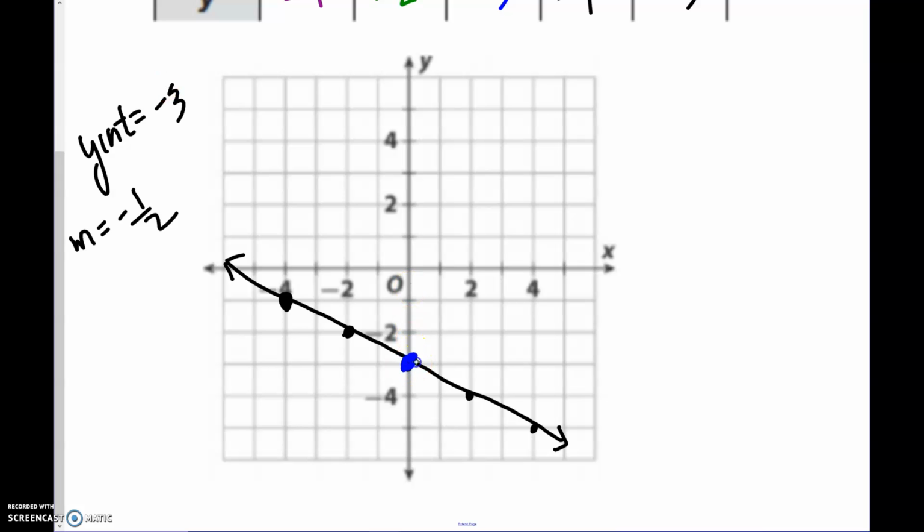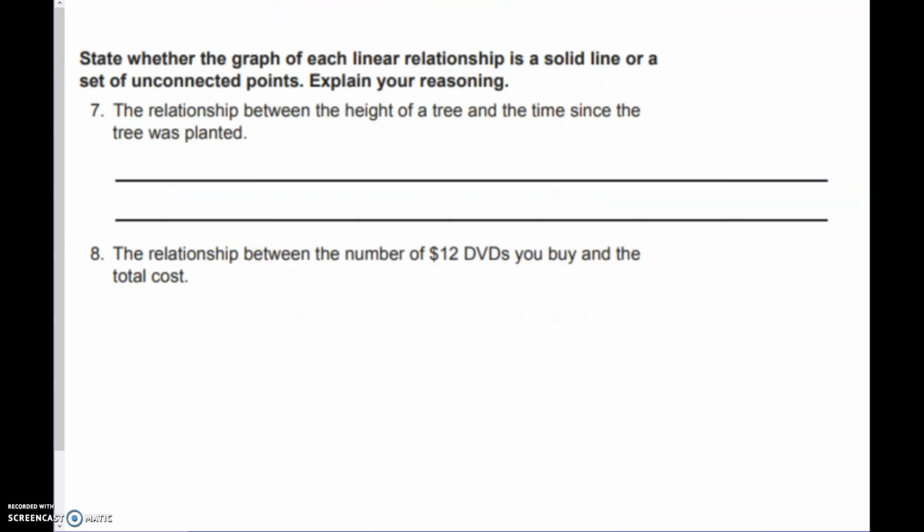Well, look, that's the same exact dot. And then -1/2, so I'm going to go up 1, left 2, same dot. Or some of you would say down 1, right 2. So down 1, right 2, and we have that dot. So you can either graph it from the table or from using your other information from your y equals mx plus b.